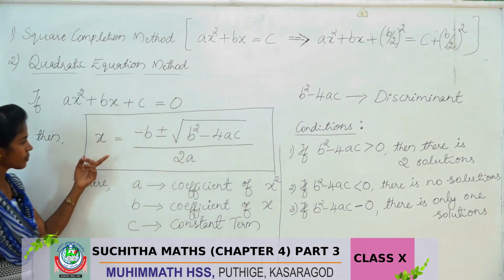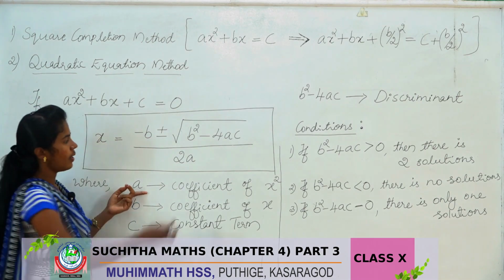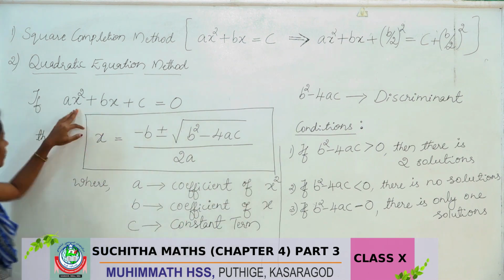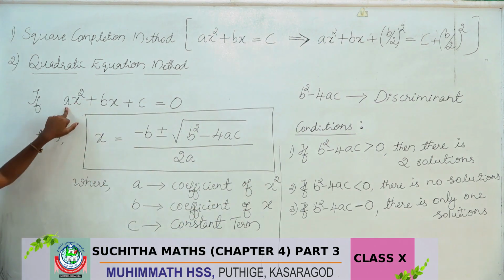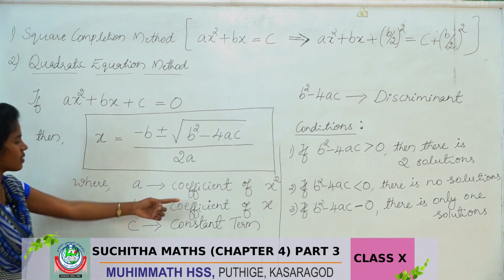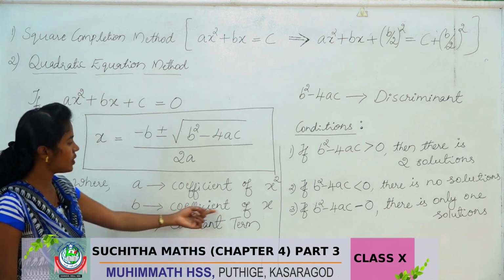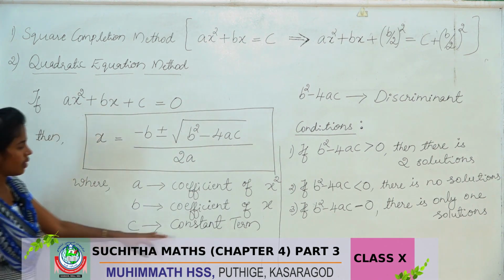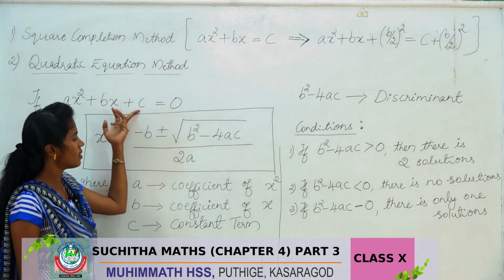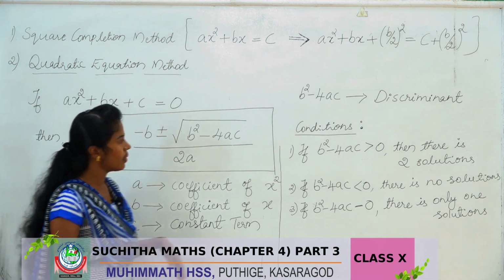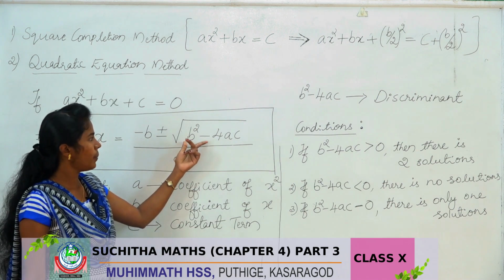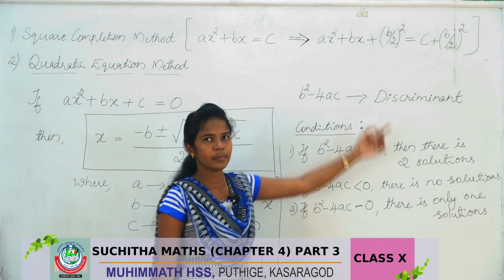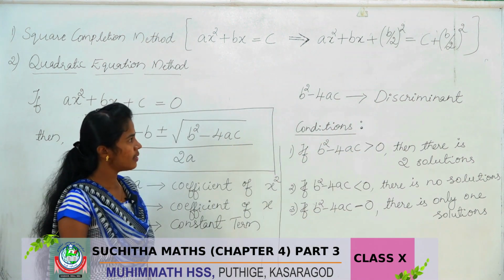Here a denotes the coefficient of x square, b denotes the coefficient of x, and c is the constant term. In this equation, b square minus 4ac is called the discriminant.